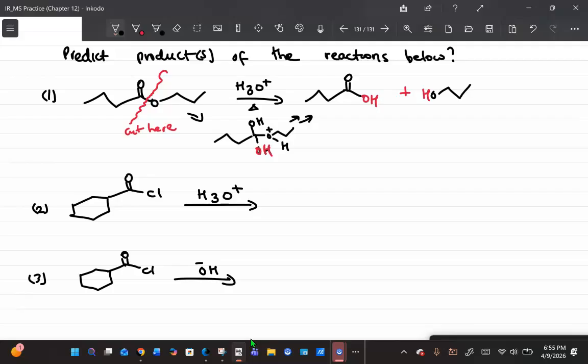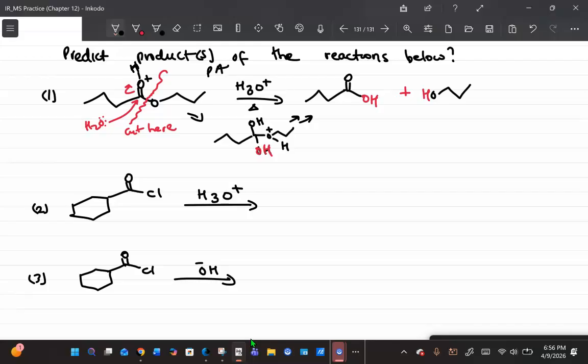So the H3O plus will attack where the carbonyl is, kick off the oxygen that's a part of the ester, right? Yeah, and this will then be protonated, and then that's where your H2O of the hydronium will attack. And then it will be deprotonated later.